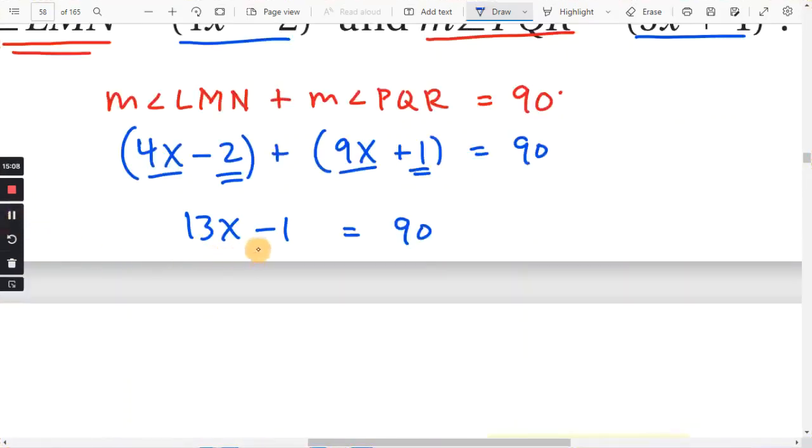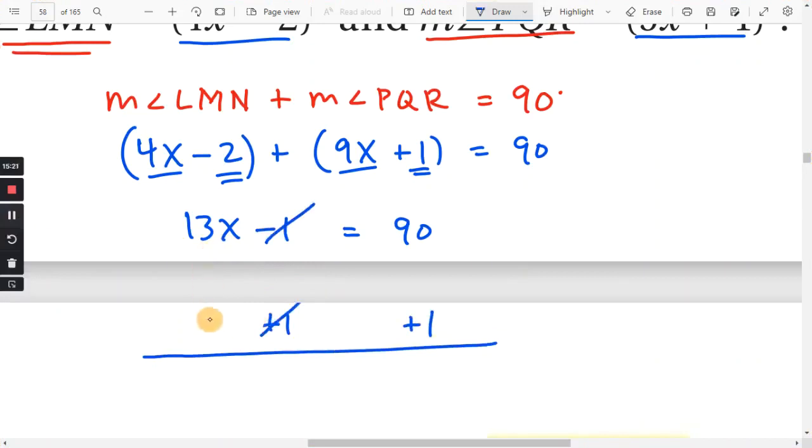All right, so we want numbers on one side, letters on the other. I have a -1 here, so I'm just going to do +1 on both sides. And 1 minus 1 cancels. Bring down my 13x. And 90 plus 1 is 91.